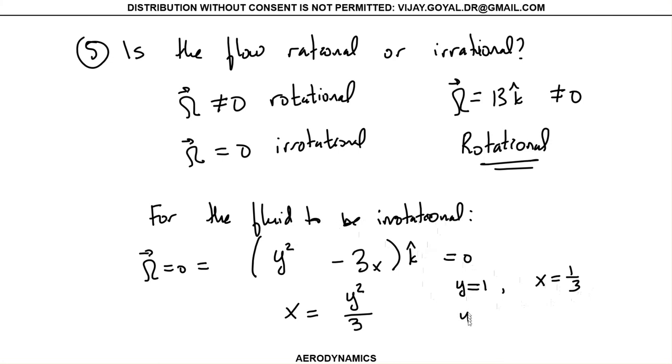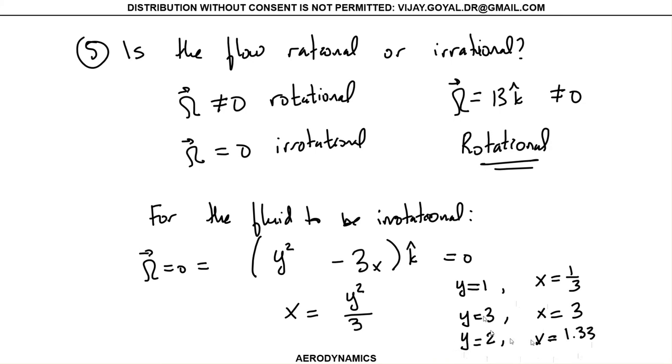If y was equal to, let's say, 3, your x will be equal to 3, right? Because this is 9 and then it becomes 3. If y was equal to 2, then this is 4, x would be 1.33.